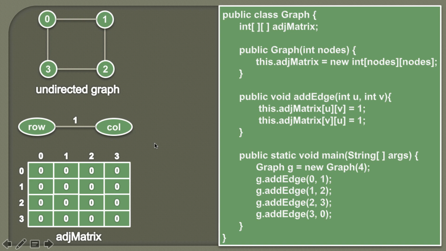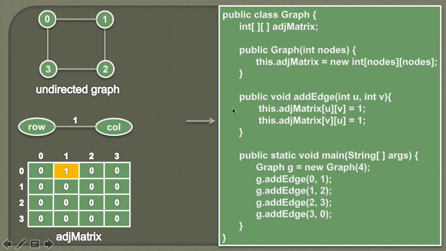Let's see how. As the value of u is 0 and v is 1, in order to represent an edge between 0 and 1, in the matrix at 0, 1 we provide a value of 1. So it would look something like this. This represents an edge between 0 and 1, which is row 0 and column 1. Moving ahead.